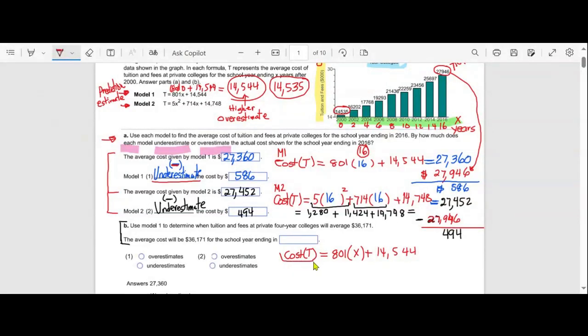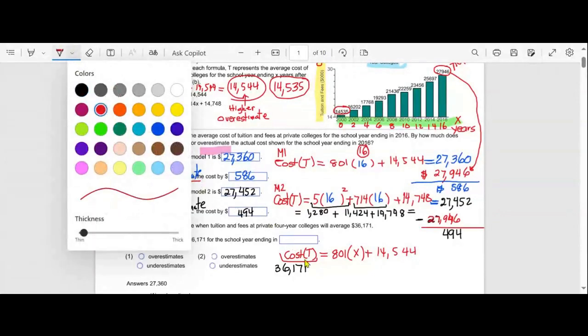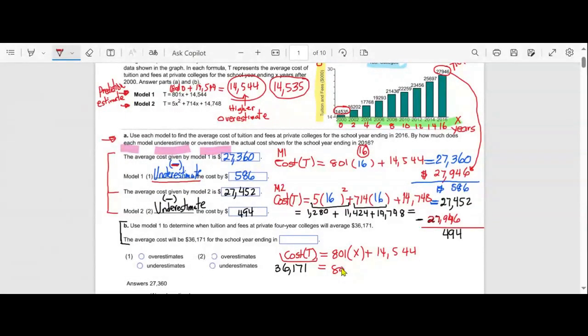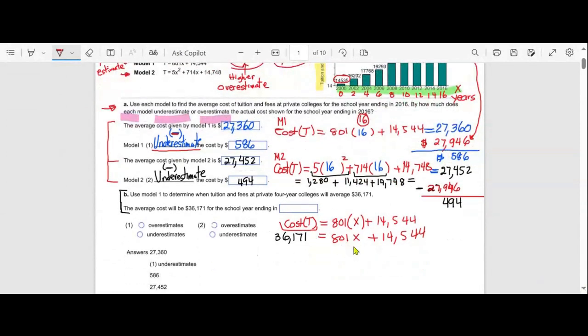Now, how much is the cost, he said, the total cost, 36,171, correct? Equal. He's looking for the year, right? Correct or wrong? He's looking for the year. So what should I do?